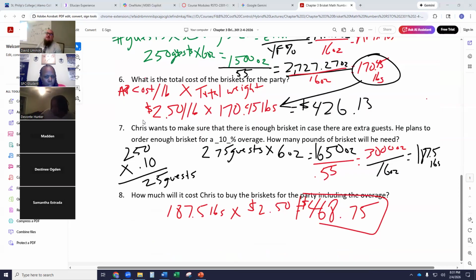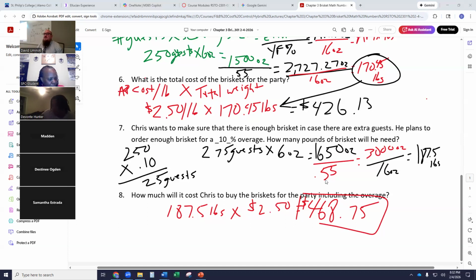Okay. So by doing 10% more, this is where we did the 250 times the 10% to give me 25 extra guests. So now I'm going to do 275 guests. Repeat question number 5. 275 times 6 is 1,650 ounces.